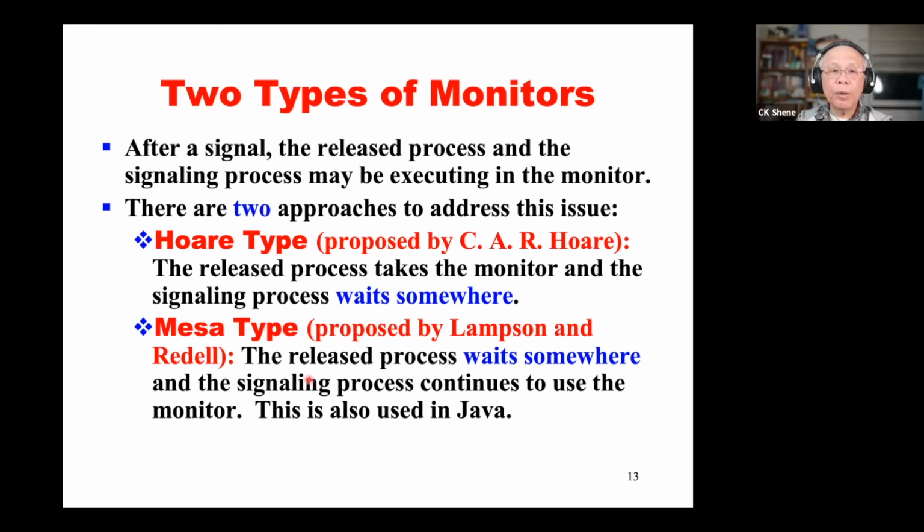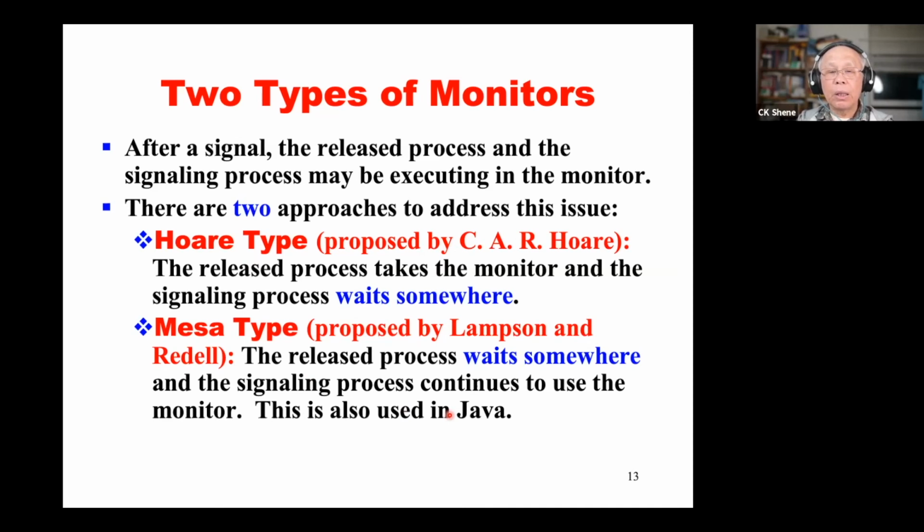The opposite would be the Mesa type. It allows the signaling process to continue to use the monitor, and the released one will be taken out of the condition variable and moved outside of the monitor. So under Hoare type, the signaling process waits somewhere. Under the Mesa type, the released process waits somewhere.